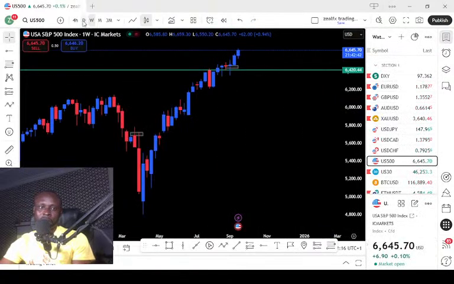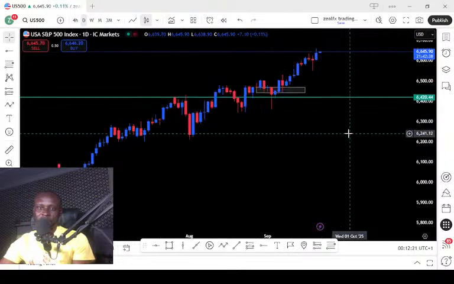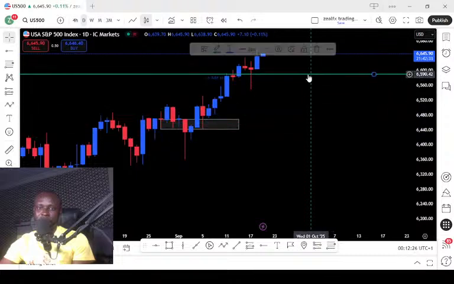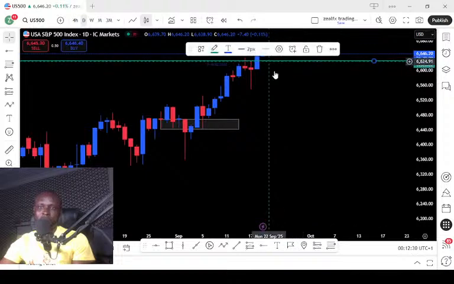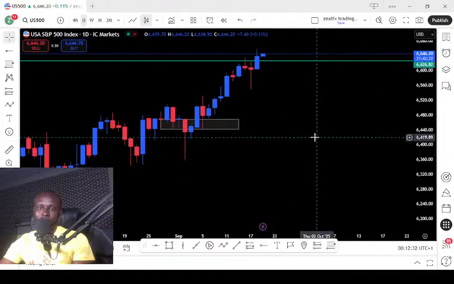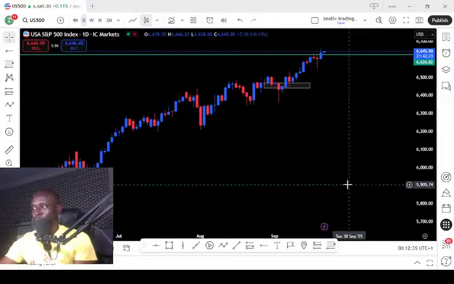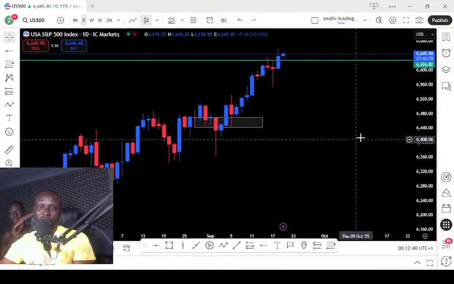So let's look at the daily chart of the S&P 500. On the daily chart, S&P 500 also gave us a signal yesterday, which indicates a possible buy. So currently S&P 500 is buying for this week. We expect S&P 500 to continue to buy until we see any possible reversal on the weekly chart. So we expect more bullish move for the S&P 500.